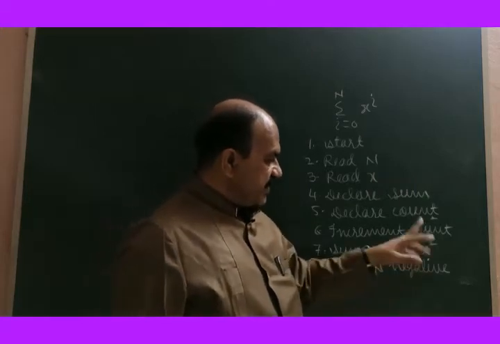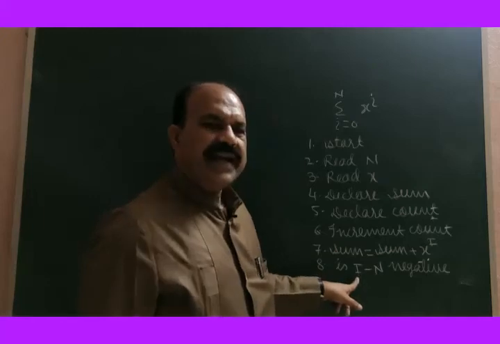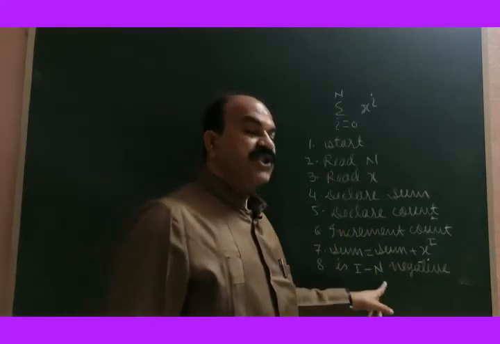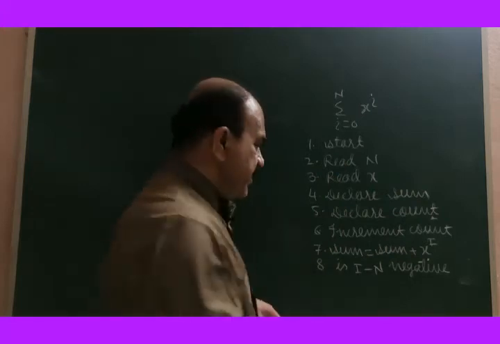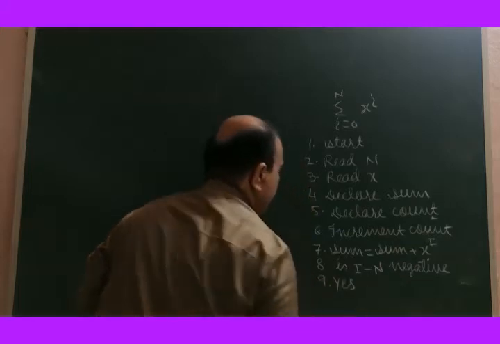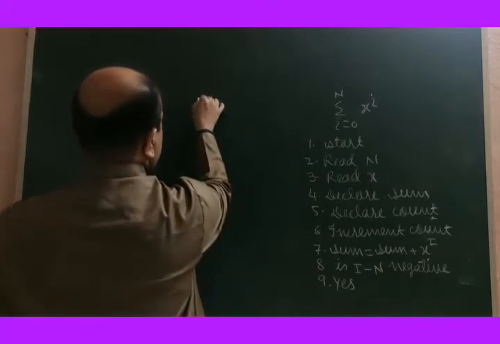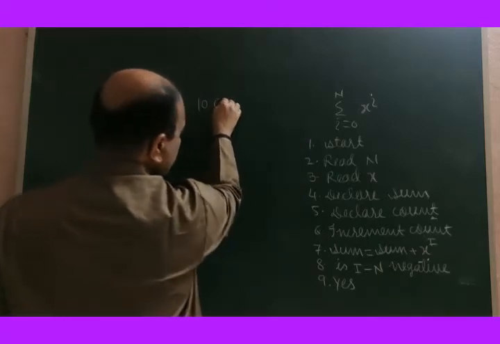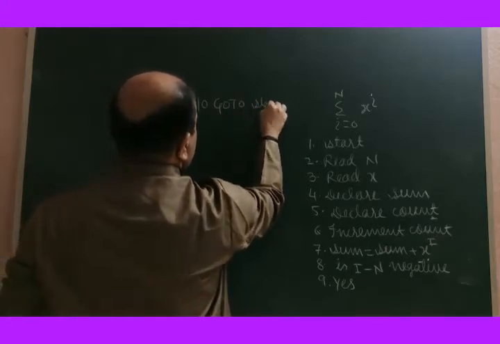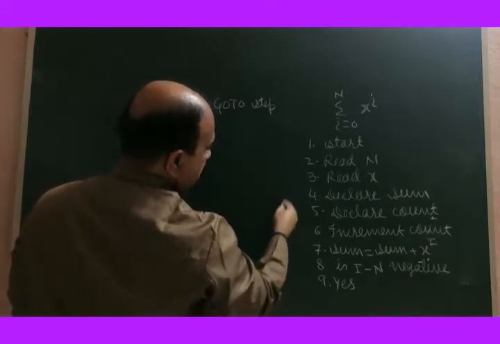Is I minus n negative? When will it be negative? If I is smaller, n is larger, it will be negative. So n has not been reached. If the answer is yes, then go to step 7.